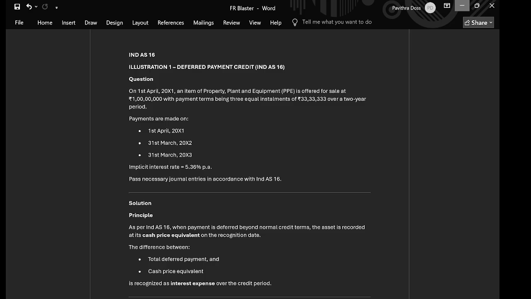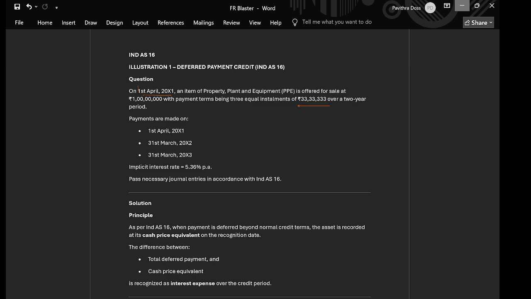Question number 1. On 1st April 2017, an item of property, plant and equipment is offered for sale at 1 crore with payment terms being 3 equal installments of 33,333 over a 2-year period.